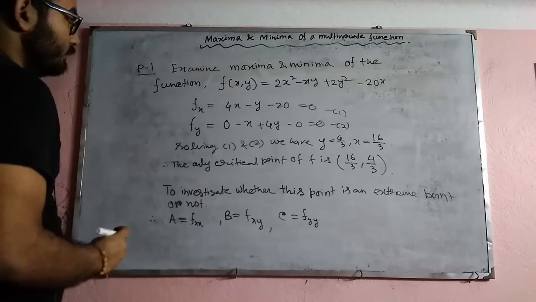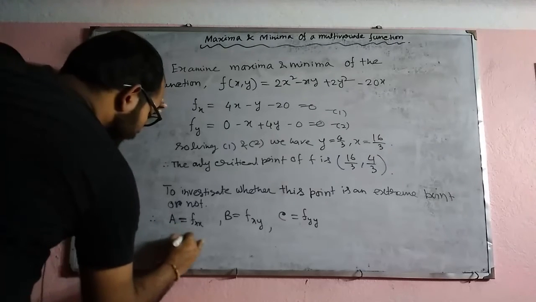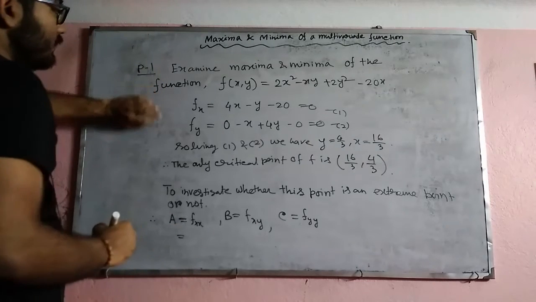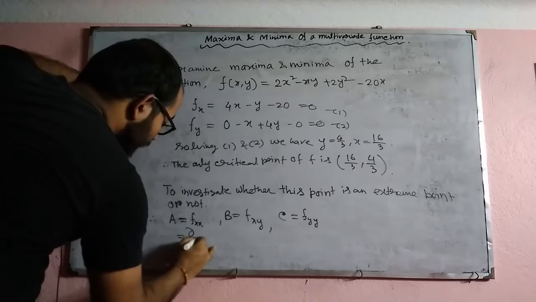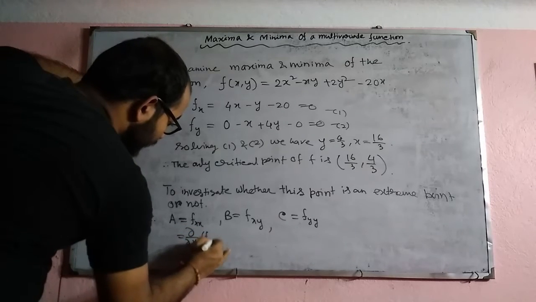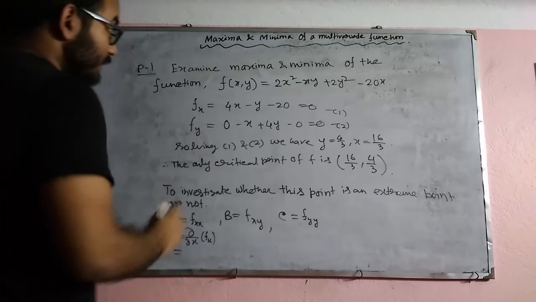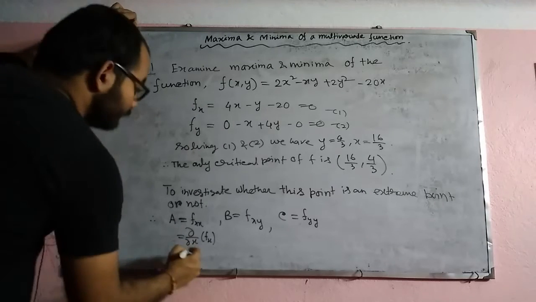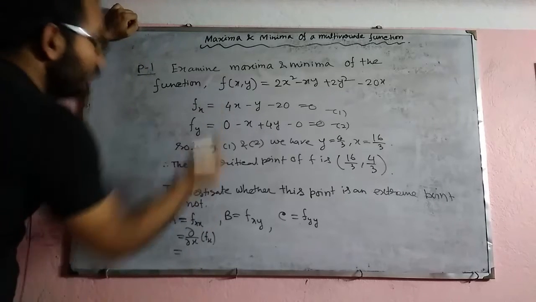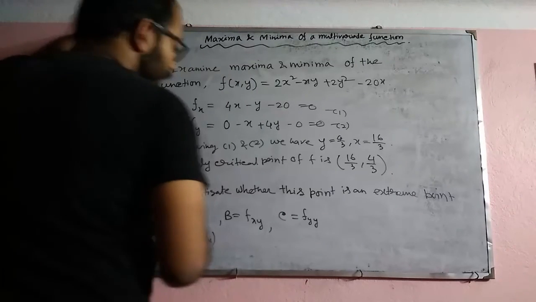So, see, what is f of xx? f of xx is del by del x of fx. This is the partial derivative of fx with respect to x, and that will be 4.